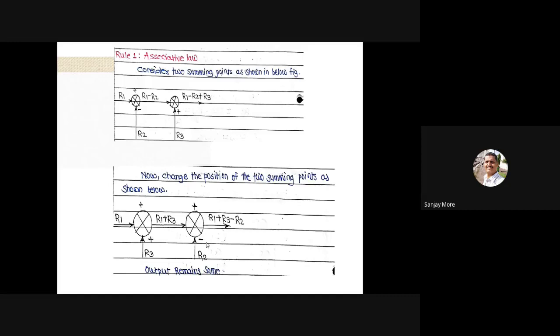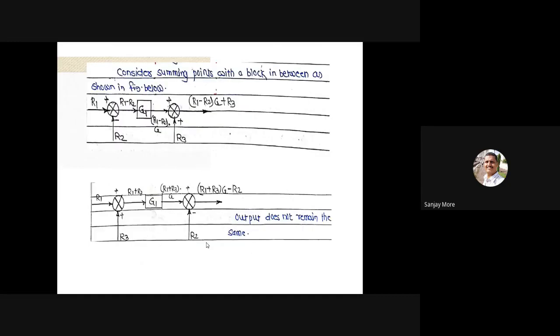Then next, consider a summing point with a block in between as shown in the figure. Here R1 plus and R2 minus, giving R1 minus R2.